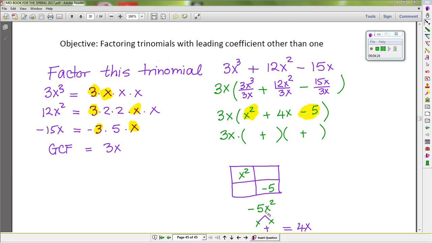To get negative 5, we can take 5 times negative 1, and if we add 5 and negative 1, we will get 4. Therefore, the two numbers we write here should be 5x and negative 1x.